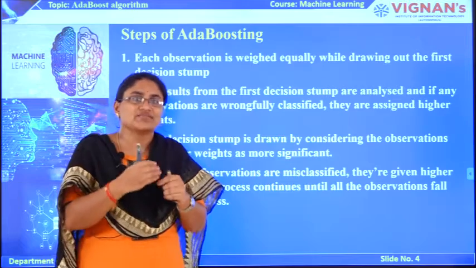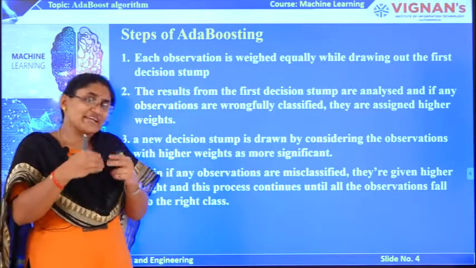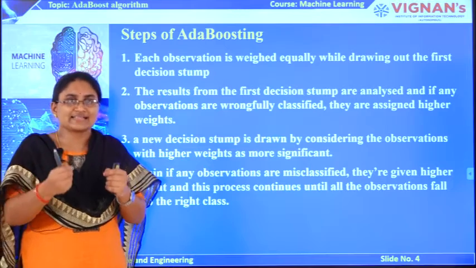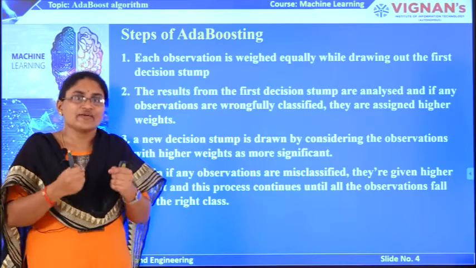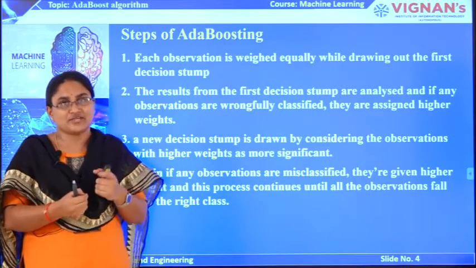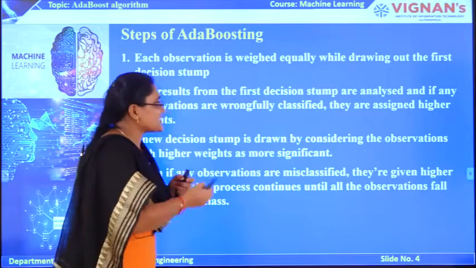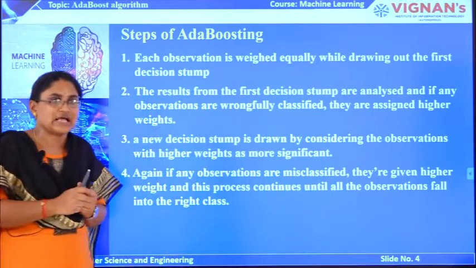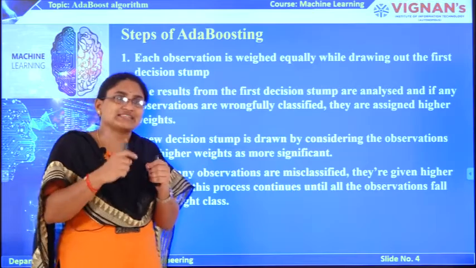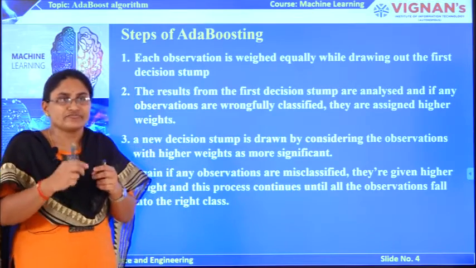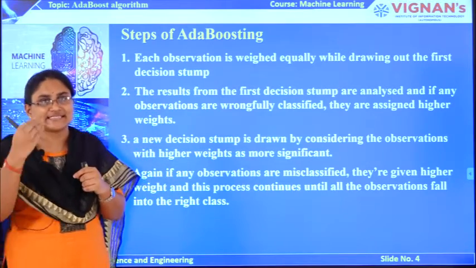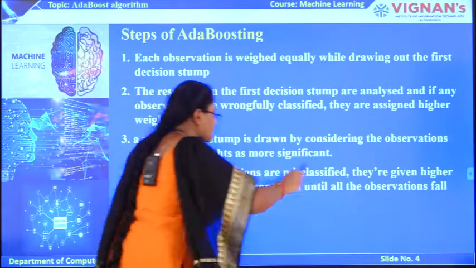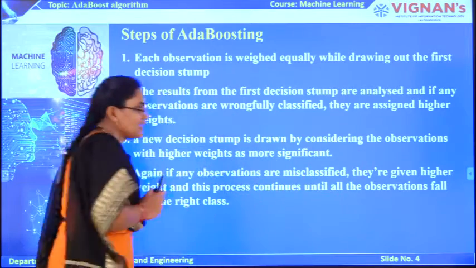The same process continues for the second step also. If in the results of stump 2 we get any misclassified observations, then again we assign higher weights to those misclassified observations. By assigning those weights, we apply them to the next step. This process is repeated until we get the right classification.